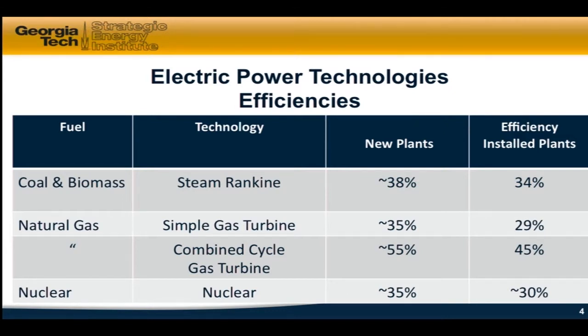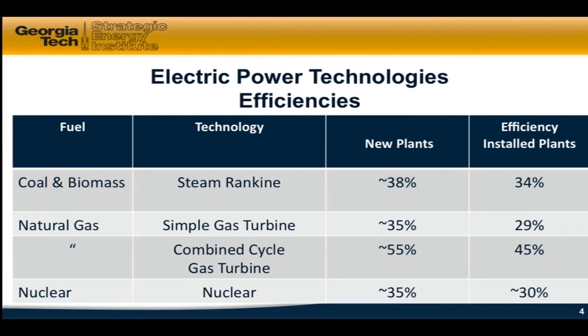And then we have the combined cycle. They will go to 55 or even up towards 60 operating in a steady state at their peak efficiency of operation, which once you get in the field, you don't operate it always at that steady state peak efficiency condition, and they throttle up and down, and you have to get them warmed up, and plus some of the plants in the field are older technologies that have been installed 10 years or 15 years ago, and those are around 45%.